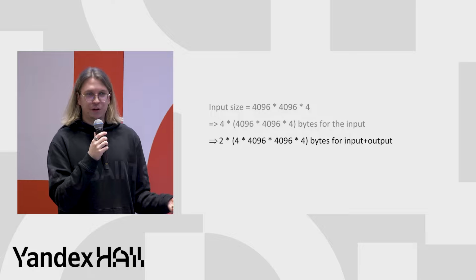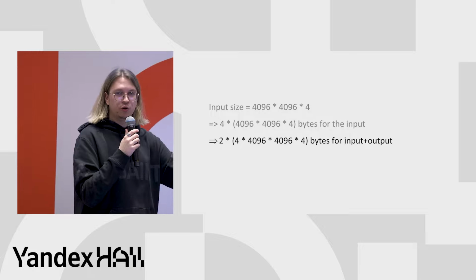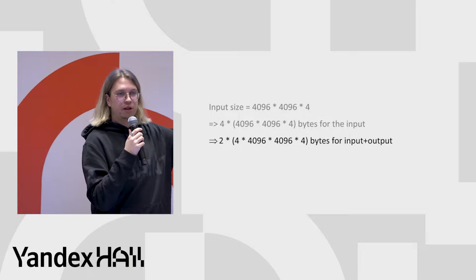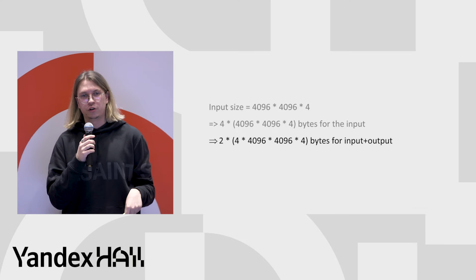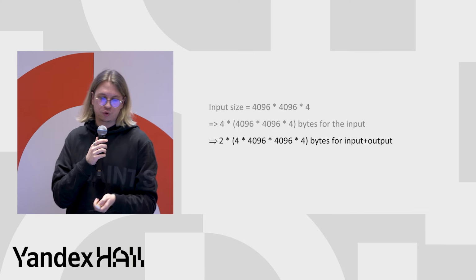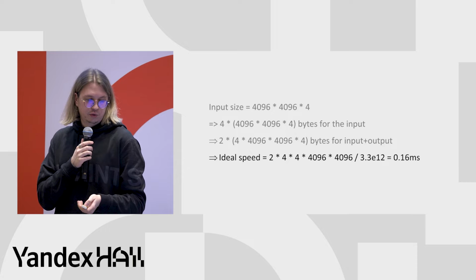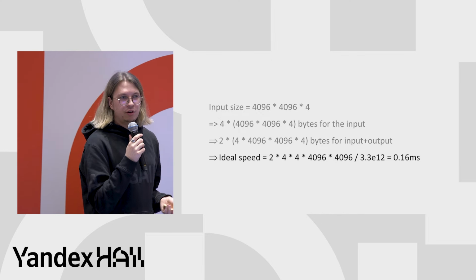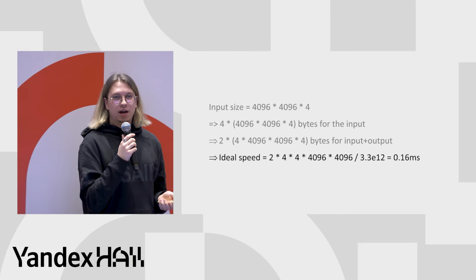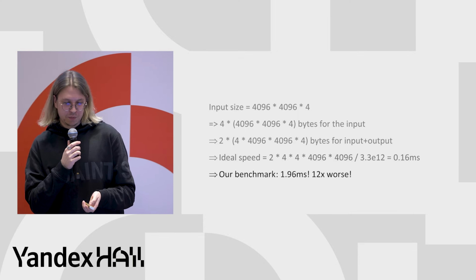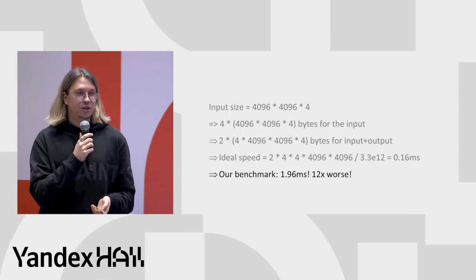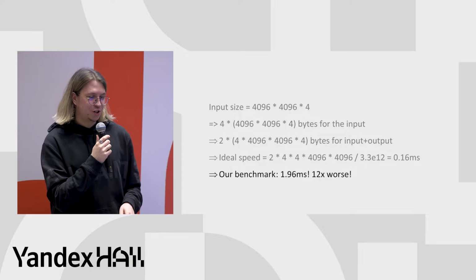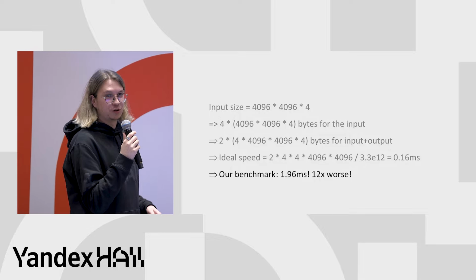Then we also multiply it by 2 because we use both input and output, and we go through the high bandwidth memory, both reading from it at first and then writing to it back. And then we have to divide it by the ideal memory speed, which is, let's use 3.3 terabytes, and we get 0.16 milliseconds. But we measured that our current implementation is basically 10 times worse.